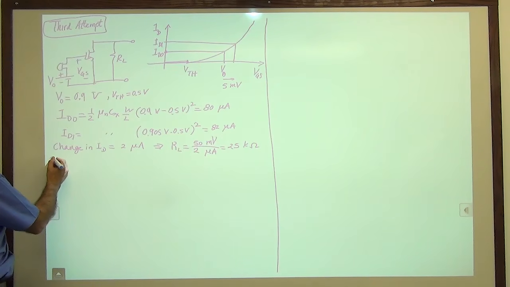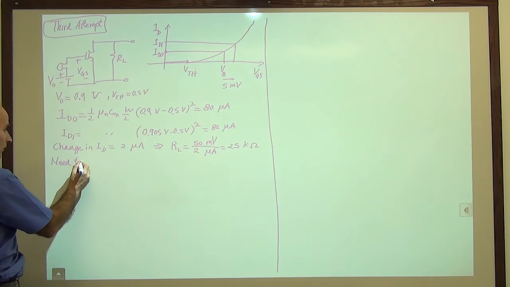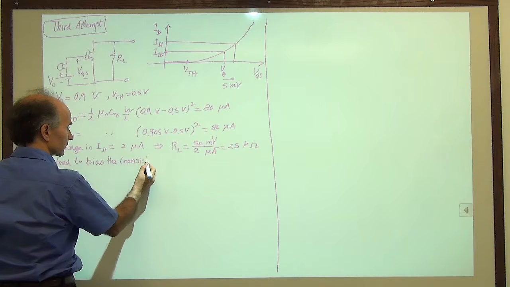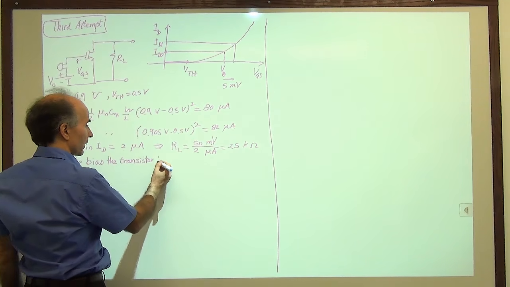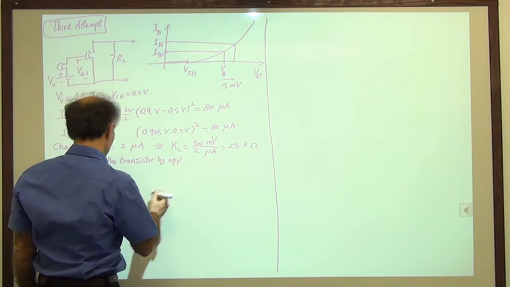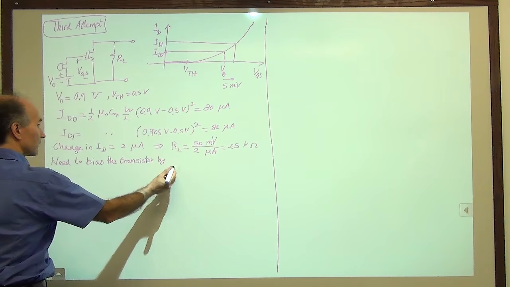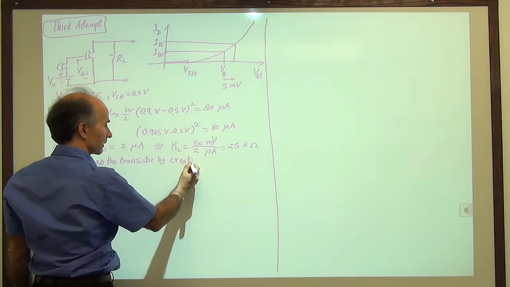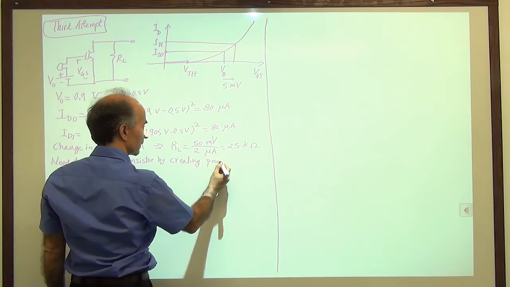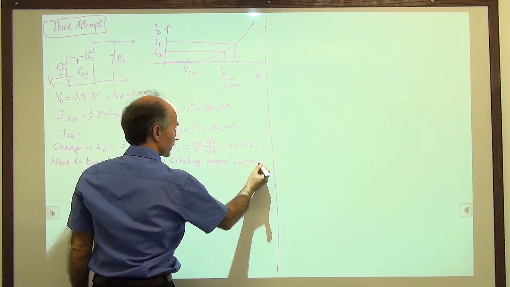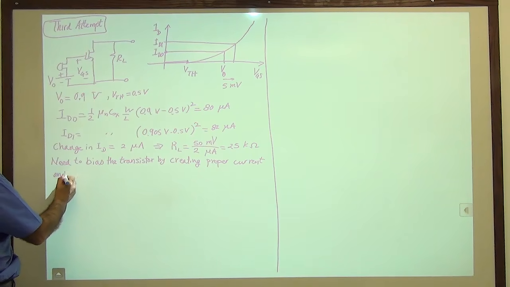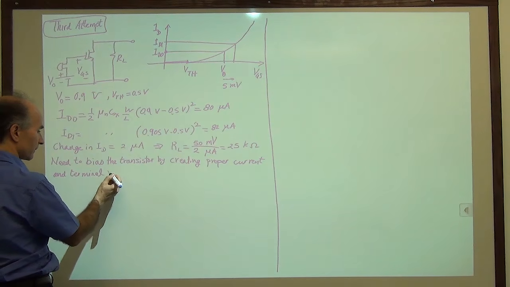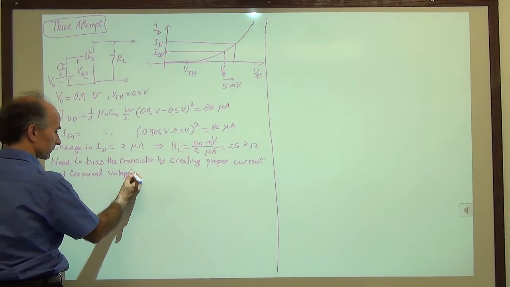So we see that need to bias the transistor by creating proper current and terminal voltages.